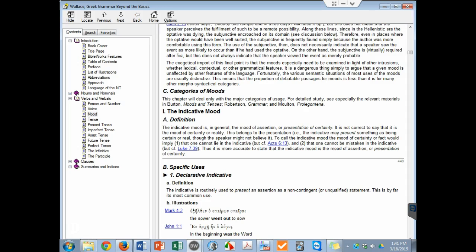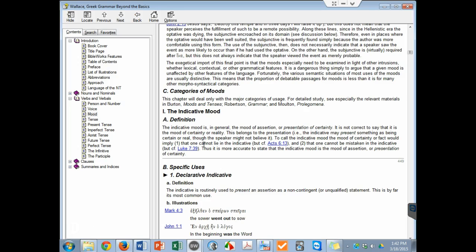All right, go ahead. So, the uses of the optative, like when Paul sometimes writes, say, "I wish that I could be with you," or whatnot. Is that when the optative is being used? It could be that there are also circumlocutions, like "thelo," I desire, with an infinitive, to be present with you.